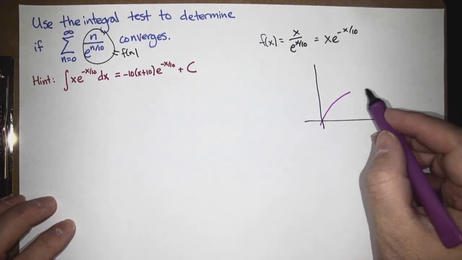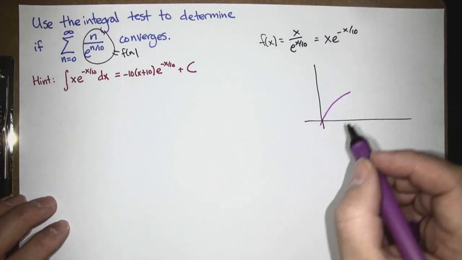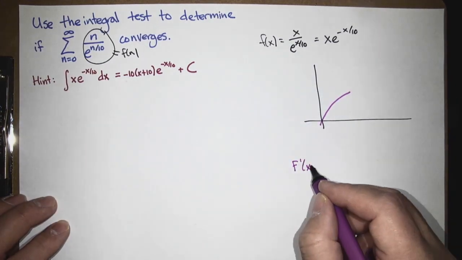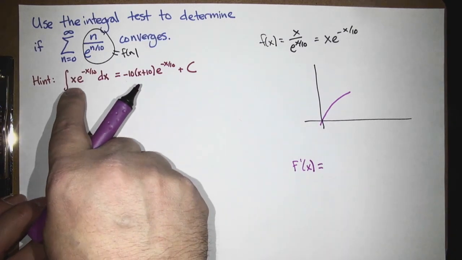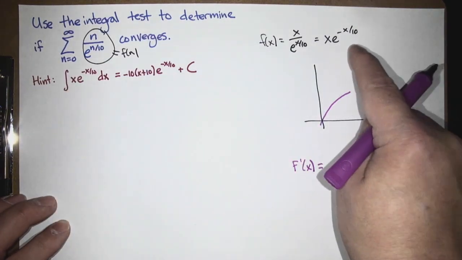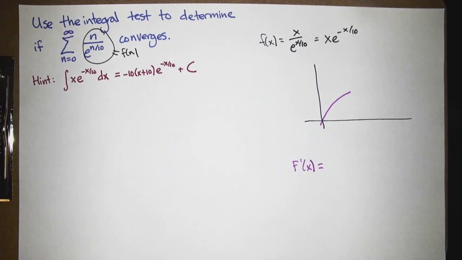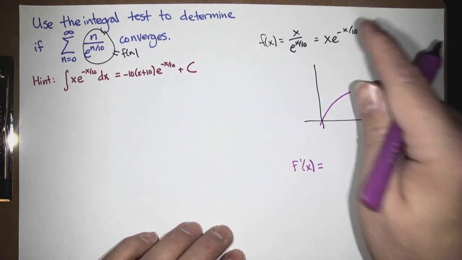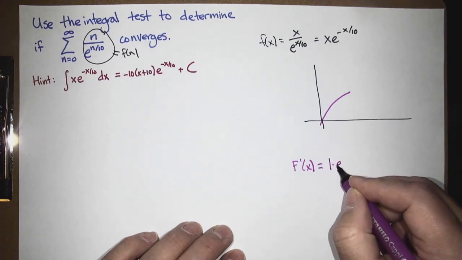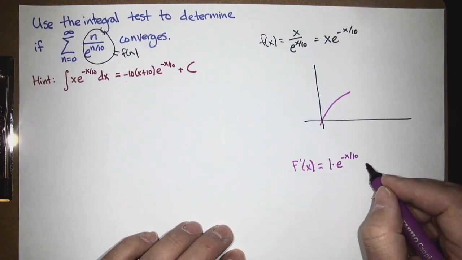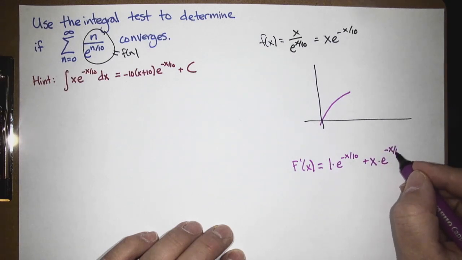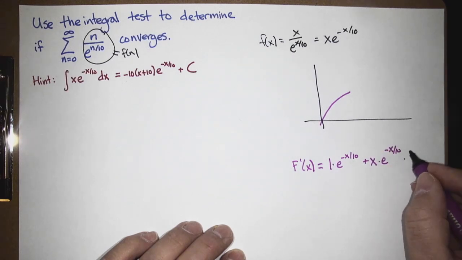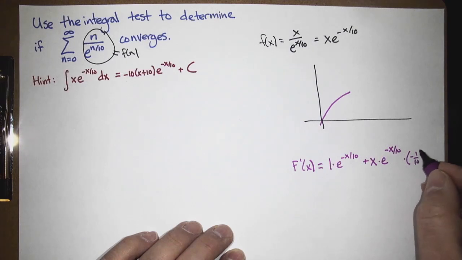So what's going to happen, in fact, we can go ahead and check this out. f prime of x, we can take a derivative, and you're like, wait, I thought you wanted integration. Well, take a derivative. Because if you want to know increasing, decreasing, that comes from the derivative. So f prime of x, product rule: the derivative of the first times the second plus the first times the derivative of the second, which is e to the minus x over 10. And then the derivative of minus x over 10 is minus 1/10.